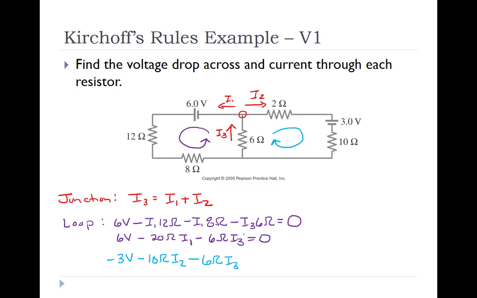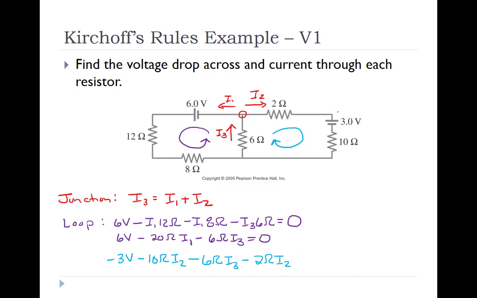So it doesn't matter if I write 6 ohms times I3 or if I write I3 times 6 ohms. They're equivalent. Okay, back to the circuit. I went through the 6 ohm resistor, hit the upper junction. I'm going to follow I2 through the 2 ohm resistor. So I'm going to subtract off that.